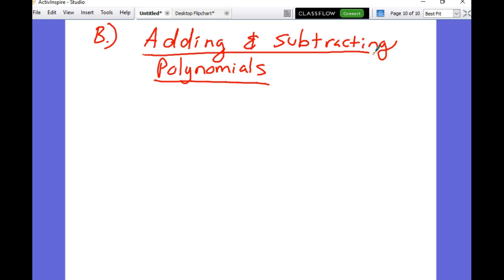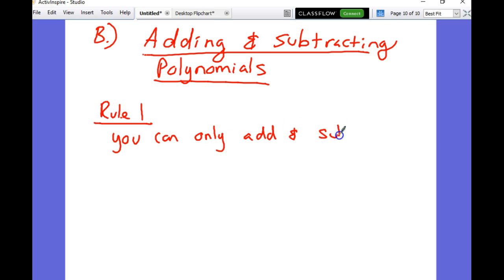Okay? So, here's the deal. Rule number one. You can only add and subtract polynomials if they're like terms. I'll say monomials. You can only add and subtract monomials.